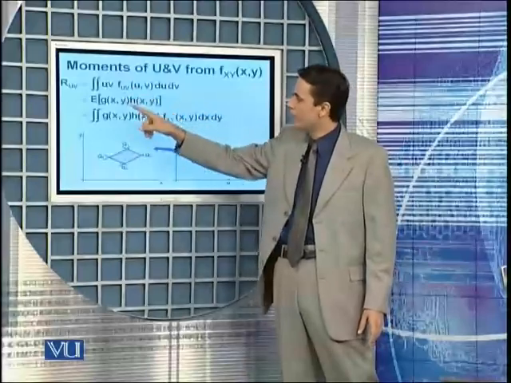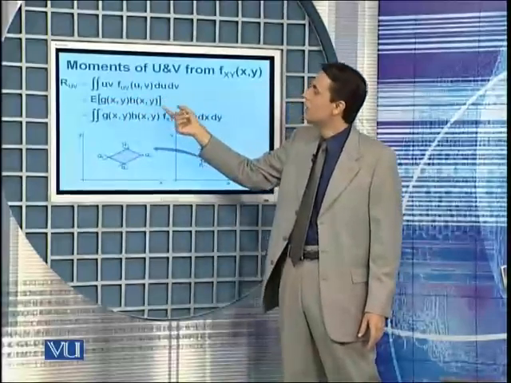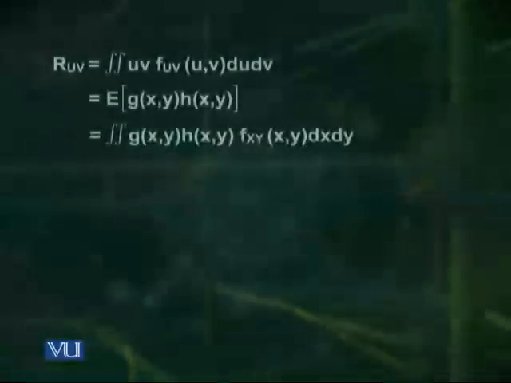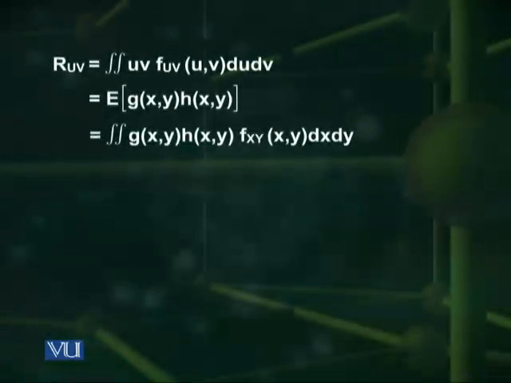This expectation in terms of the joint PDF of x and y comes out to be this one, where you take the double integral of g of x and y times h of x and y times the joint PDF of x and y, integrated over the whole range of x and y.